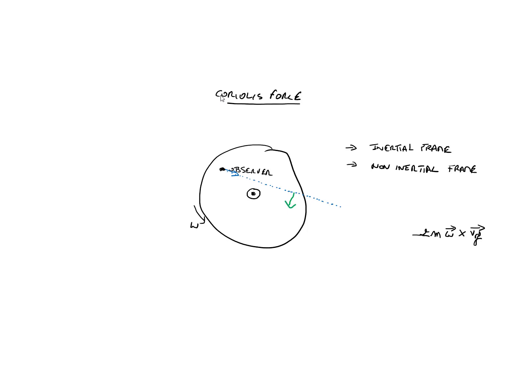Because you can imagine that the observer, who is sitting on the non-inertial frame, will see a quite different trajectory, something like this. So from the point of view of the observer on the non-inertial frame, it's as if a fictitious force is acting on the mass and making it go in this direction.